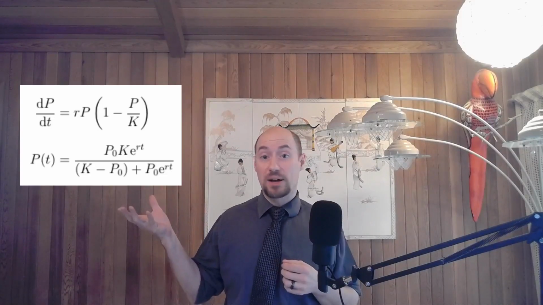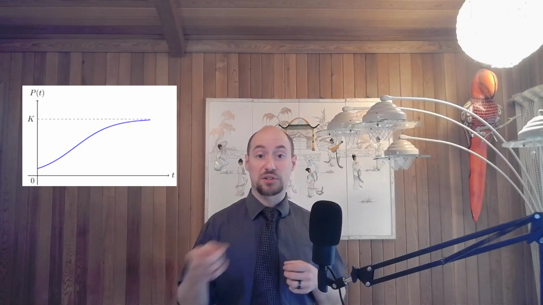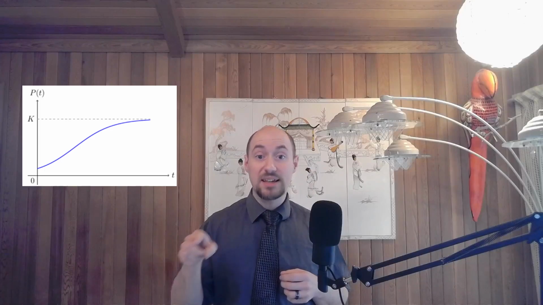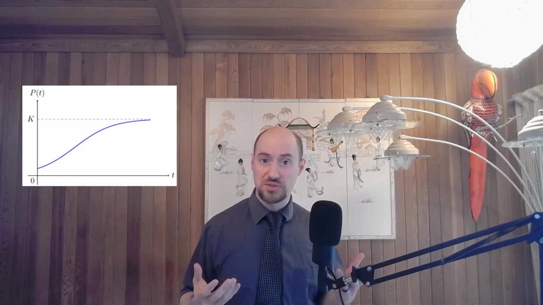It's usually given by a set of complicated expressions that yield this S-curve, where we begin with something that looks like exponential growth, and then we begin to level off based on available resources.